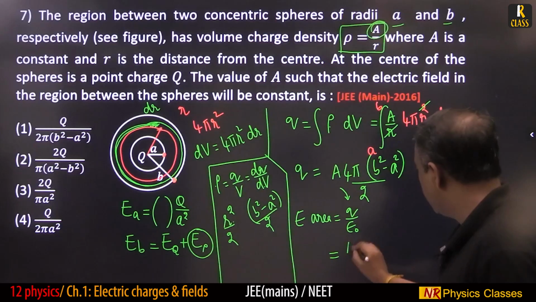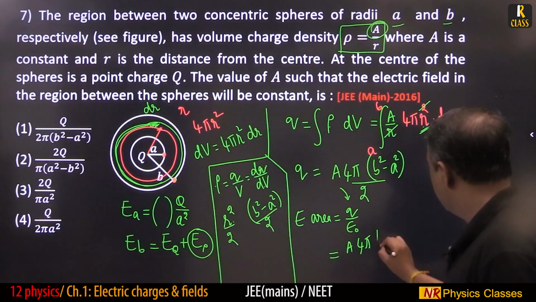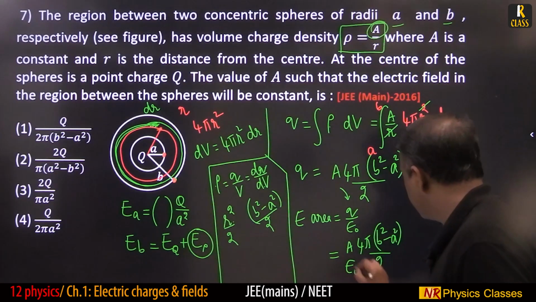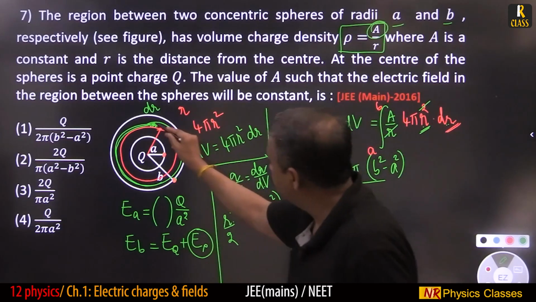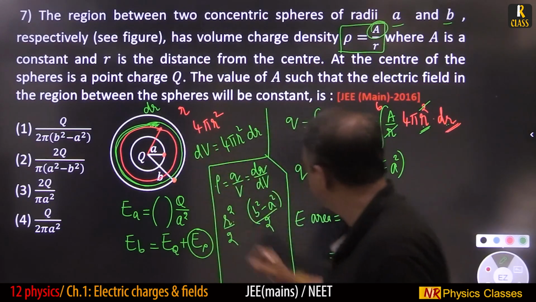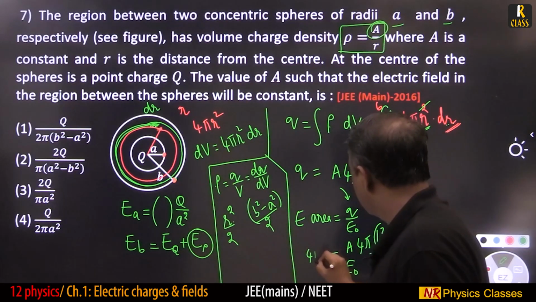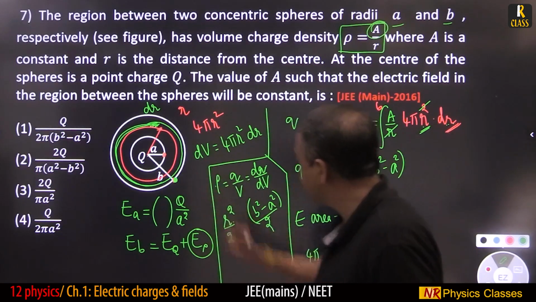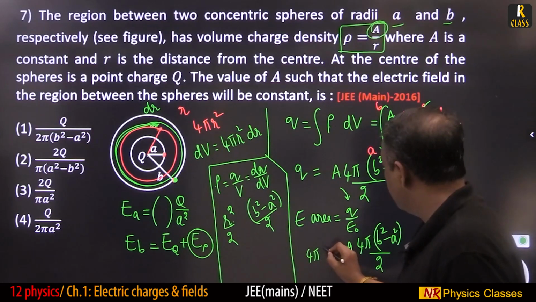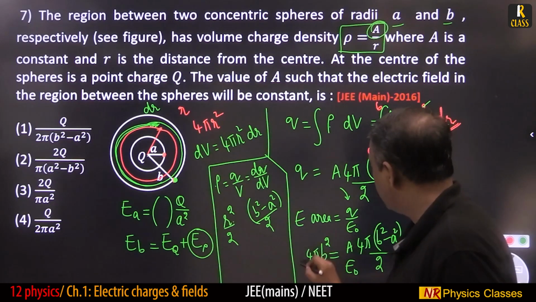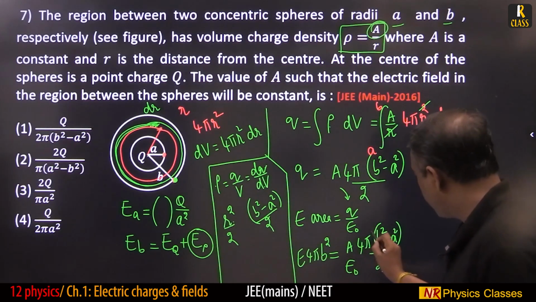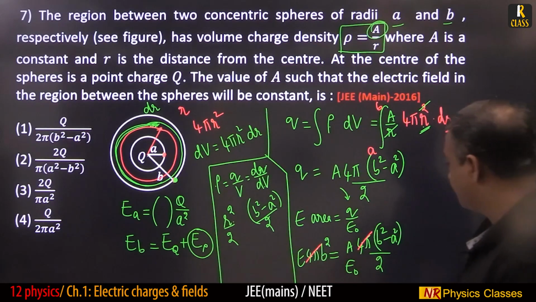This charge is a 4 pi b square minus a square by 2 epsilon naught. Area of this red sphere is 4 pi b square, since we want the field at B. Now carefully observe, 4 pi cancels with 4 pi.